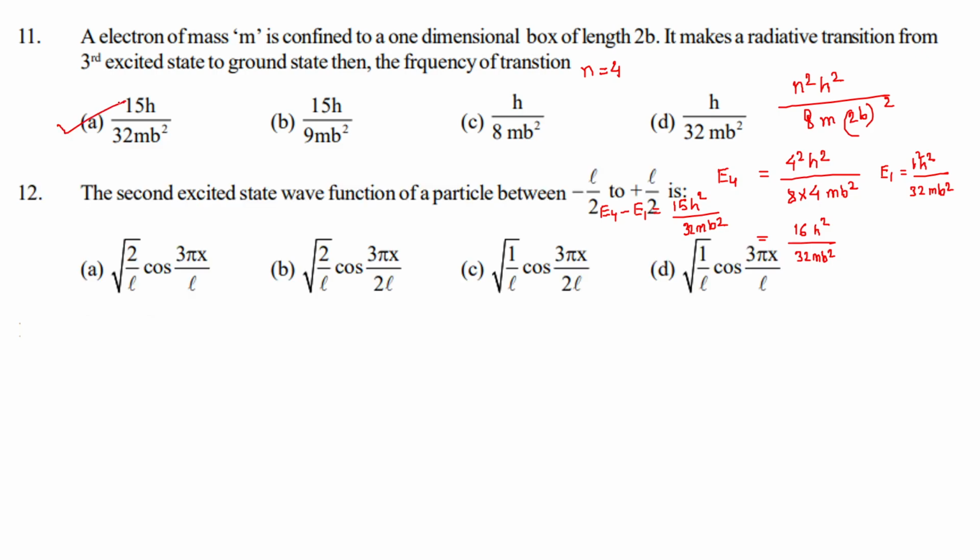Now let us go to the second question. The second question is also about particle in a box, but this is a little different. For previous questions, we have assumed that the walls are at 0 and L position. Let me write it here.